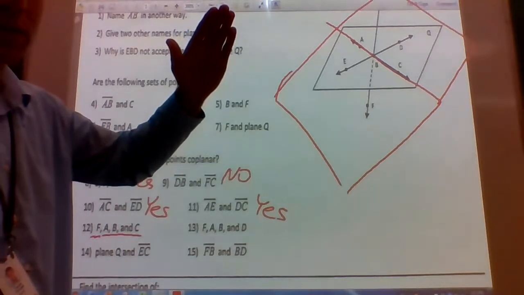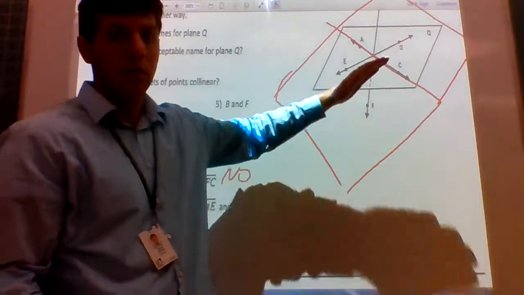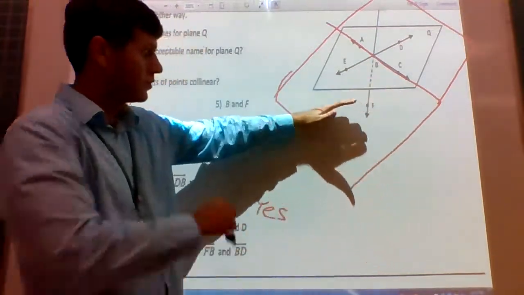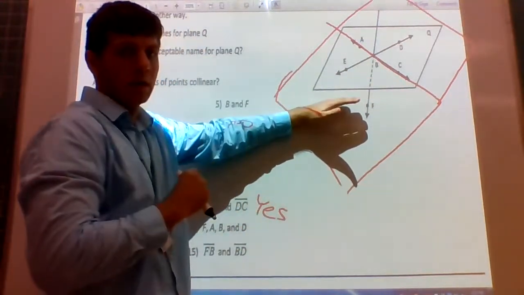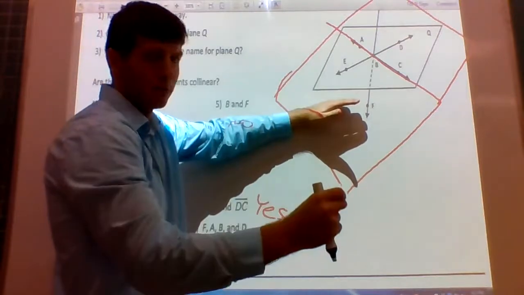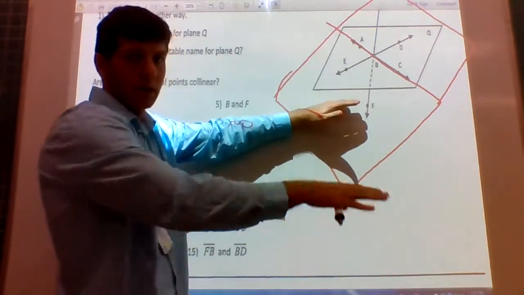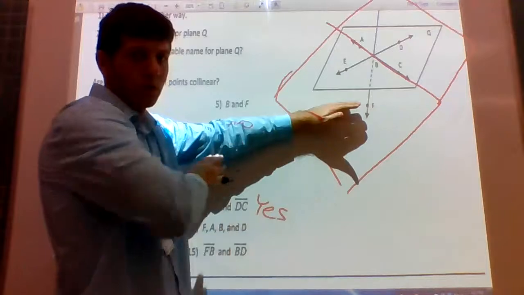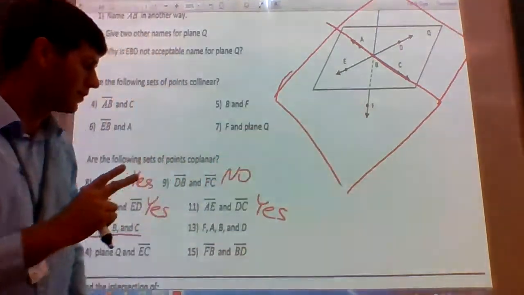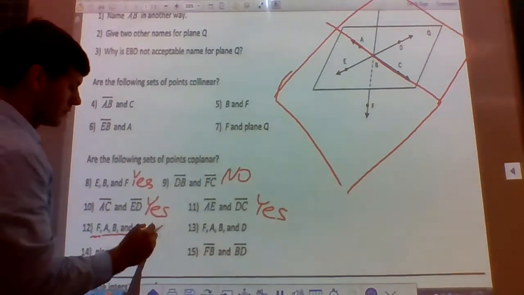The point F is giving us our second dimension. Here's a line on the board, here's A, B, this was our line. That's one dimension, and then point F is over here. We now have a plane like this that goes through all of them. So that's our second dimension. So this one is a yes.